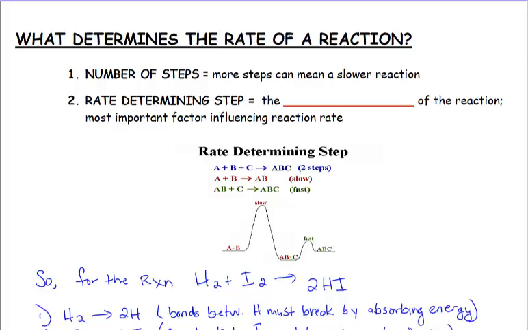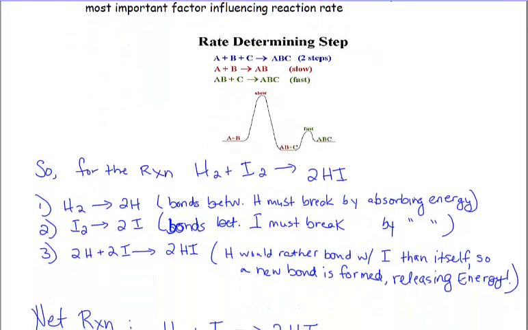Rate determining step. This is the slowest step of the reaction, and it is the most important factor influencing the rate of the reaction. So here is an imaginary reaction here, A plus B plus C, and the rate determining step will be the slowest step, which would be right here.